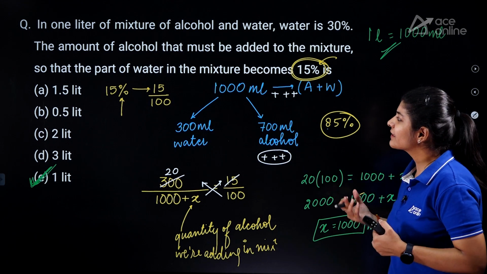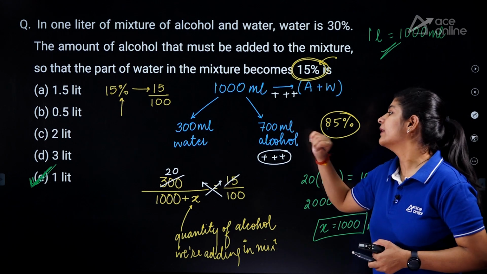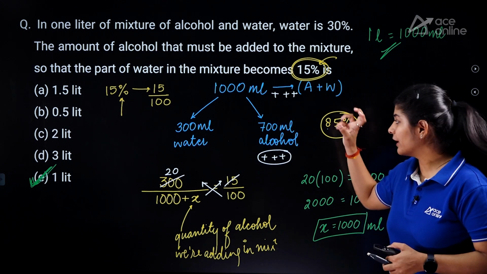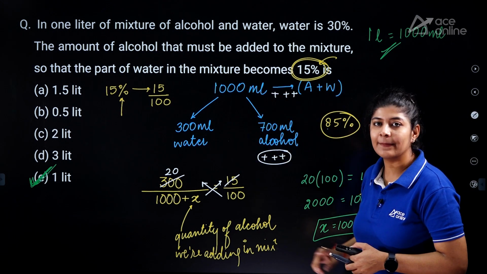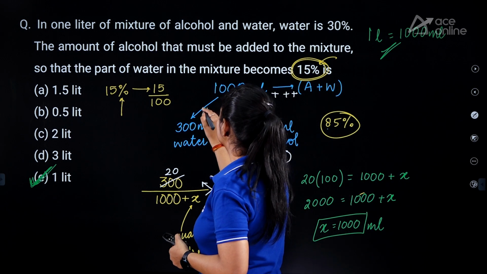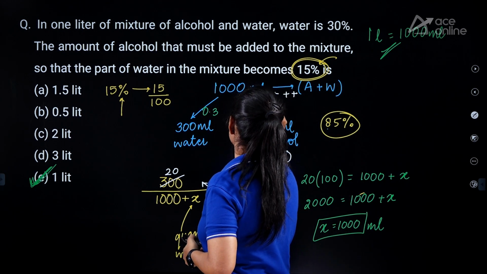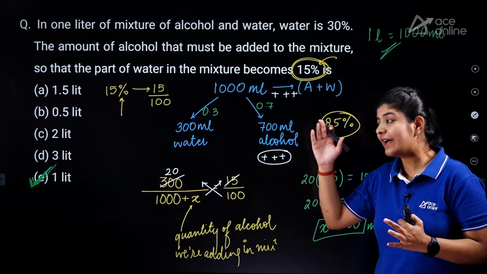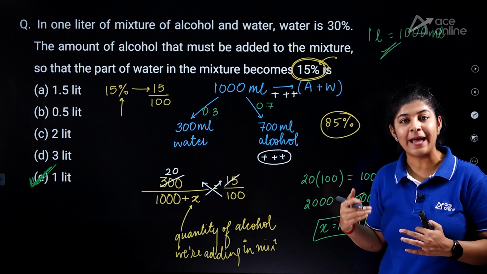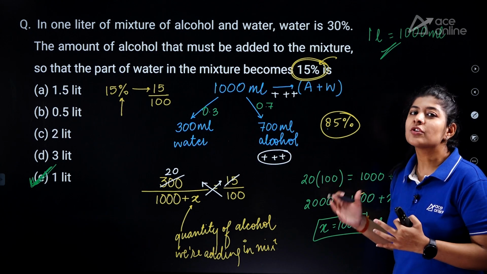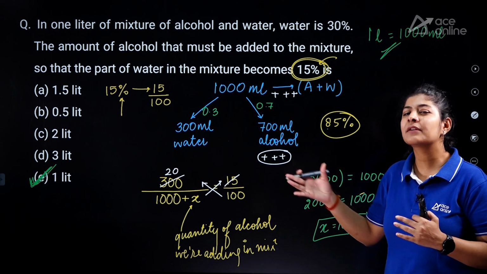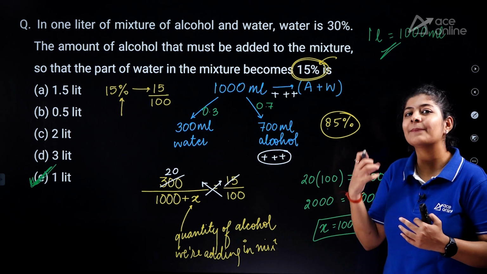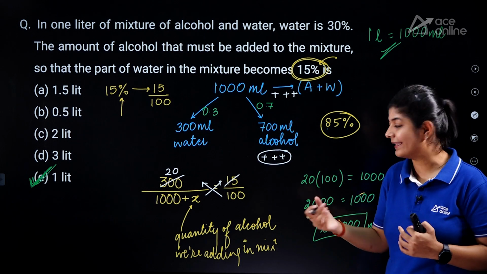Now why did I convert these values into ml? If I don't convert them, I'll have to take 0.3 and 0.7, and this becomes a little complex to solve further. I may get stuck in decimal calculation, or it may consume much more time than this one.